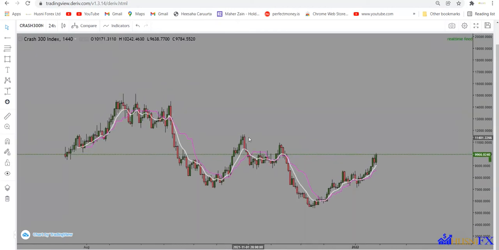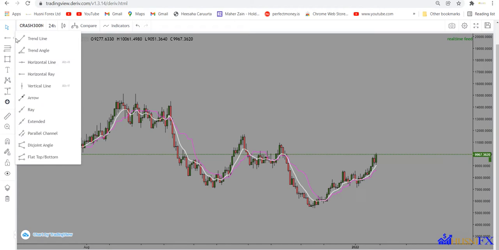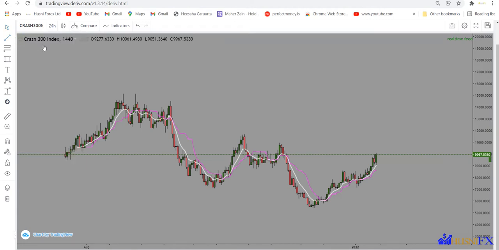If you have watched my previous videos, at the daily time frame I always determine the structure of the price and where the market is targeting. So as you can see, this is Crash300, and we are doing top-down analysis. Let us find the structure of this price.